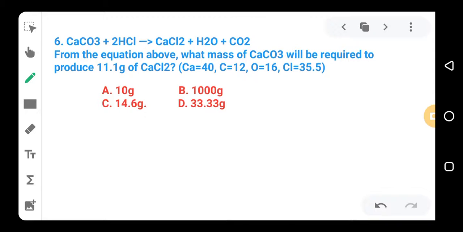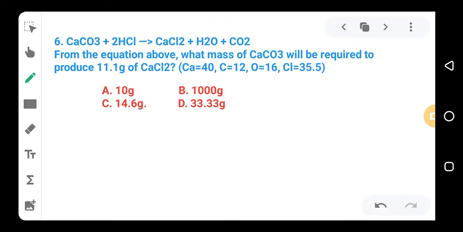From the equation above, what mass of CaCO3 will be required to produce 11.1 gram of CaCl2? We are given that Ca is equal to 40, C is equal to 12, O is equal to 16, and Cl is equal to 35.5. How can we solve this?